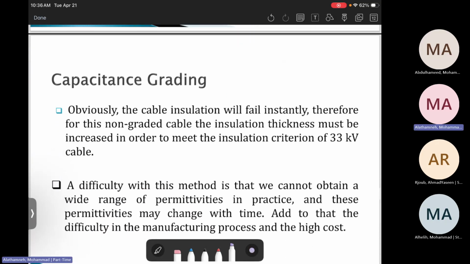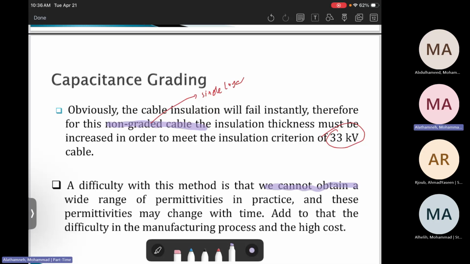So obviously, the cable insulation will fail if it is a non-graded cable, or if it is in a single layer. Non-grading again means single layer. So in order to meet the criteria of a 33 kilovolt cable, we need to make sure we have multiple layers. The difficulty with this method is that we cannot obtain a wide range of permittivity in practice.